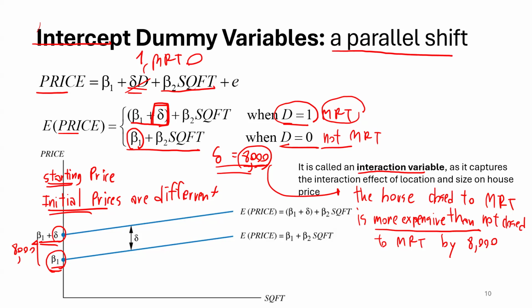Make sense? So that's why two houses, or in your case two apartments, of the same size but with different locations, the one that you can walk to MRT and the one that is very far from MRT, have different prices.